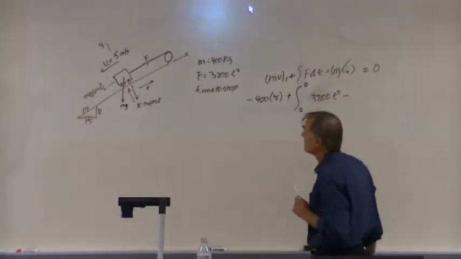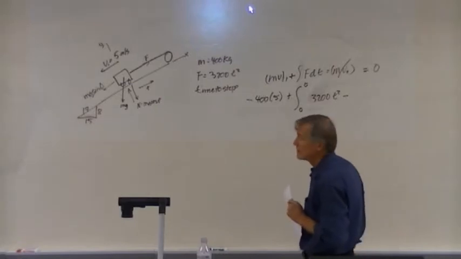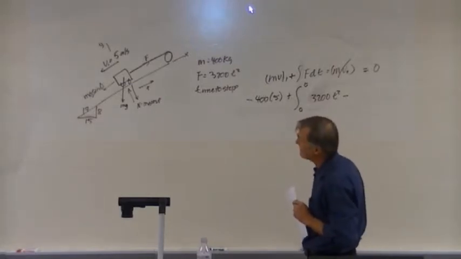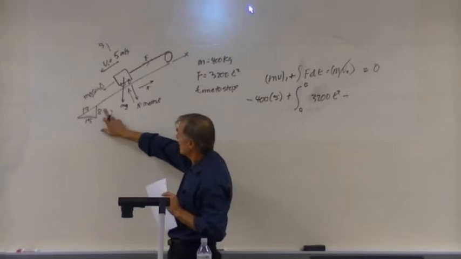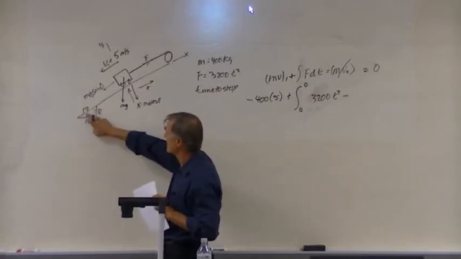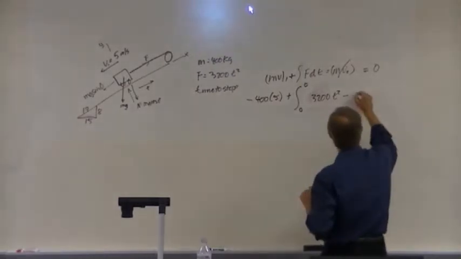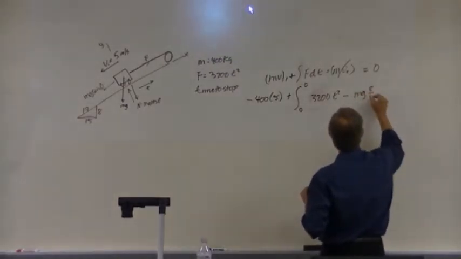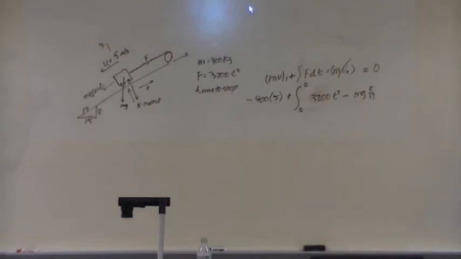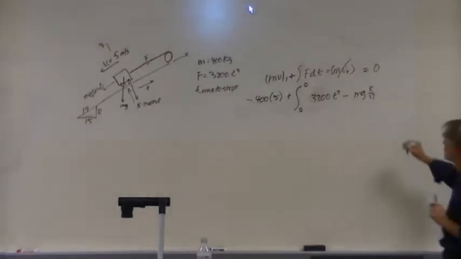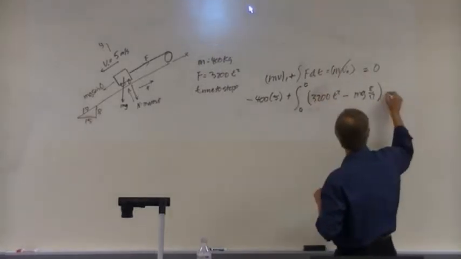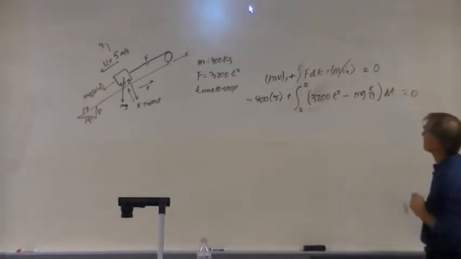Minus mg sine theta, and sine theta is equal to 8 over 17, isn't it? That's theta right there. So mg sine theta would be mg times 8/17. Okay. And those are both under the integral, so those are both dt.